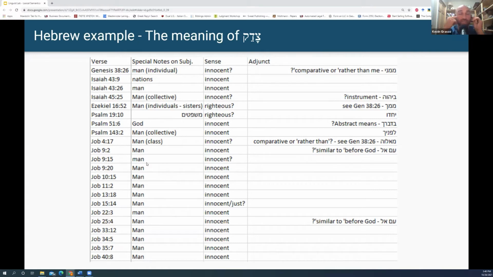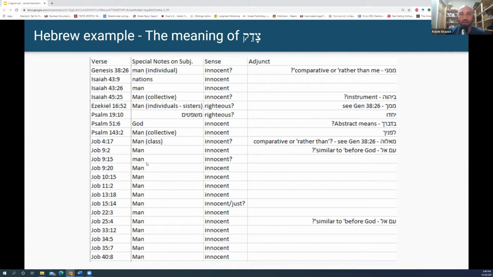But this is what I do when I'm studying a word, right? I go through, and what you don't see is all the blank columns that have to do with the syntactic context in which the word is found. So I'll note, okay, is there a prepositional complement? Is there an adjunct? All of these things. Is there a direct object?